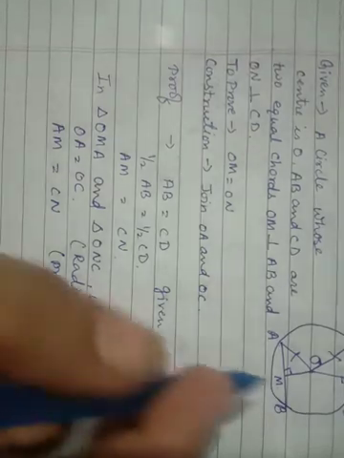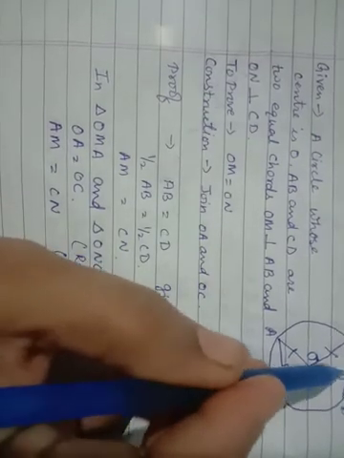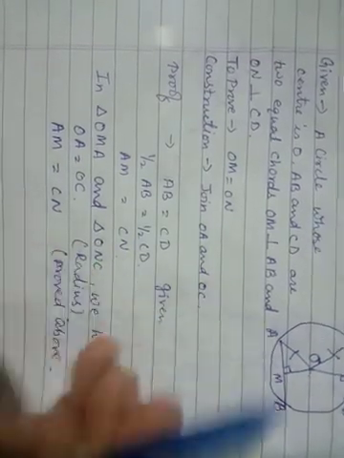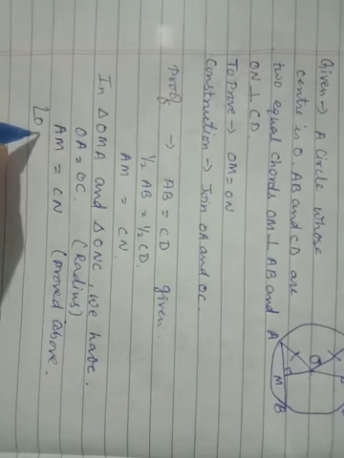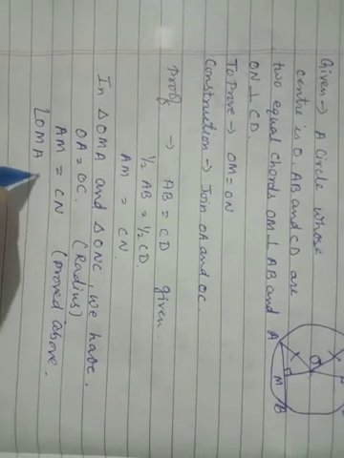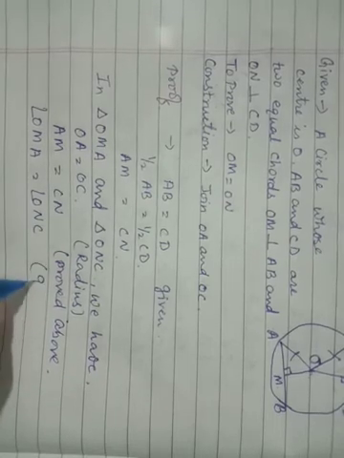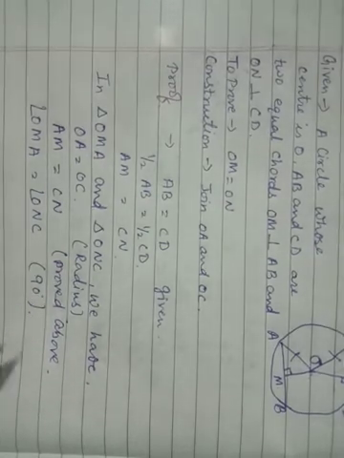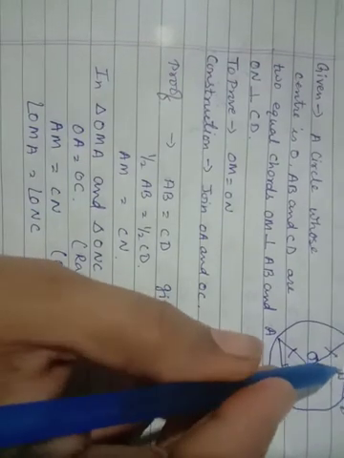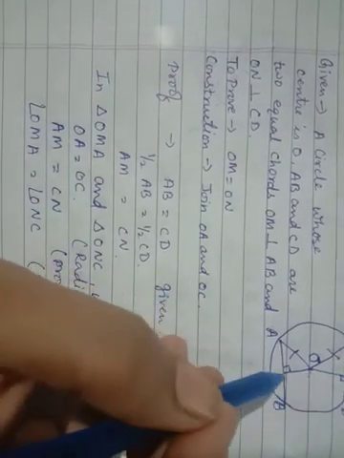And angle ONC is equal to angle OMA. Each is 90 degrees because these are perpendiculars.